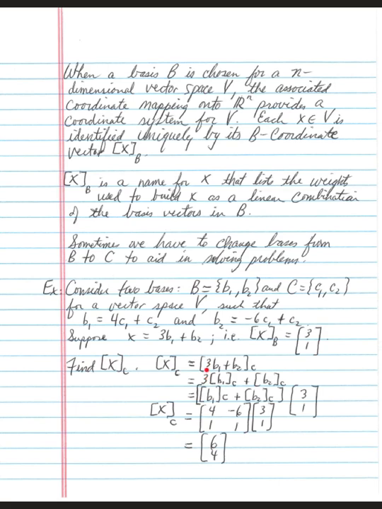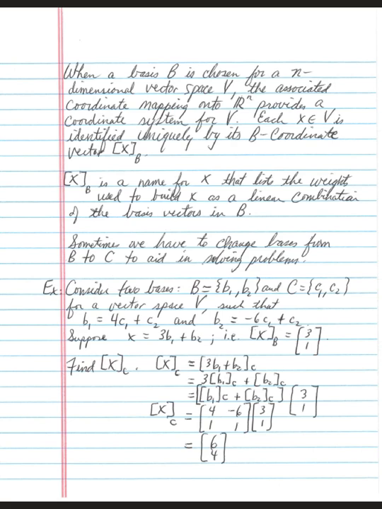Pull out your scalar 3, and we're going to break these two up: 3b sub 1 C plus b sub 2 C. Okay, now that 3 and this unwritten 1, if you were to peel those off, you can put a column vector of 3, 1. That's your B coordinate vector that was given up here, 3, 1.